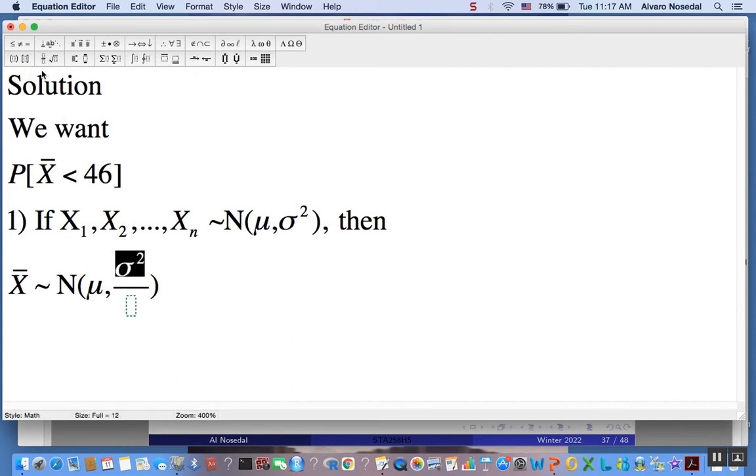The variance for x bar, that new random variable, is sigma squared divided by n.